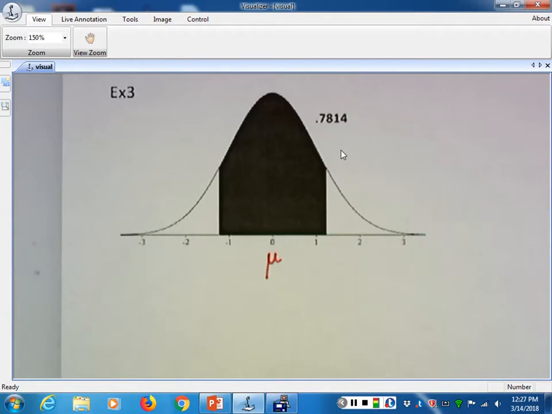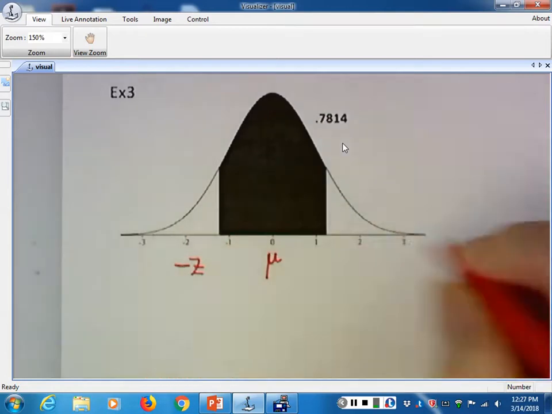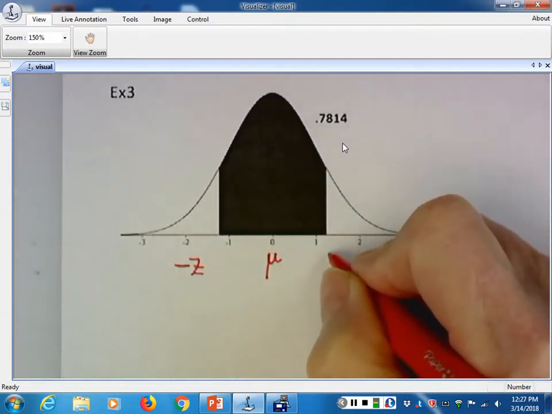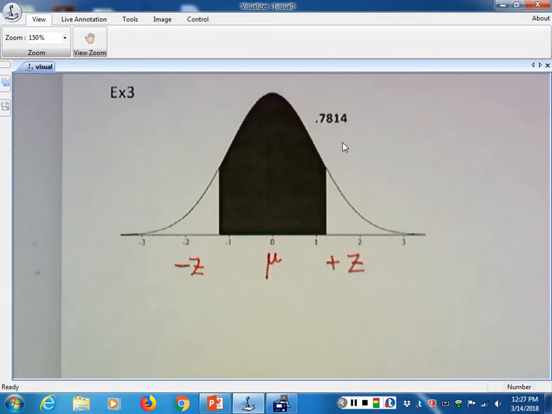And if you'll notice, one of these z-scores is going to be negative and one of those z-scores is going to be positive because it's centered over the mean of 0, so left of 0 is going to be negative, right of 0 is going to be positive.